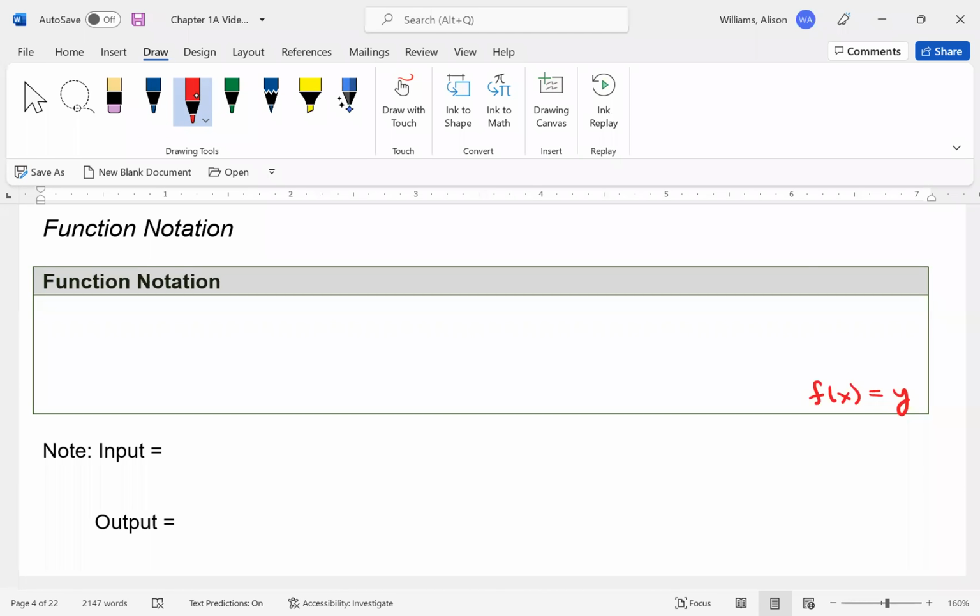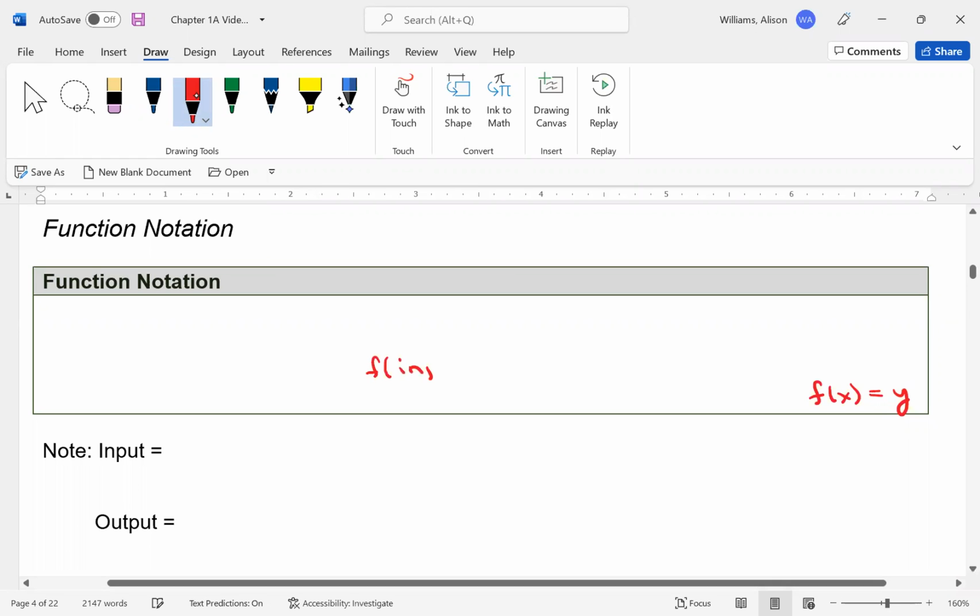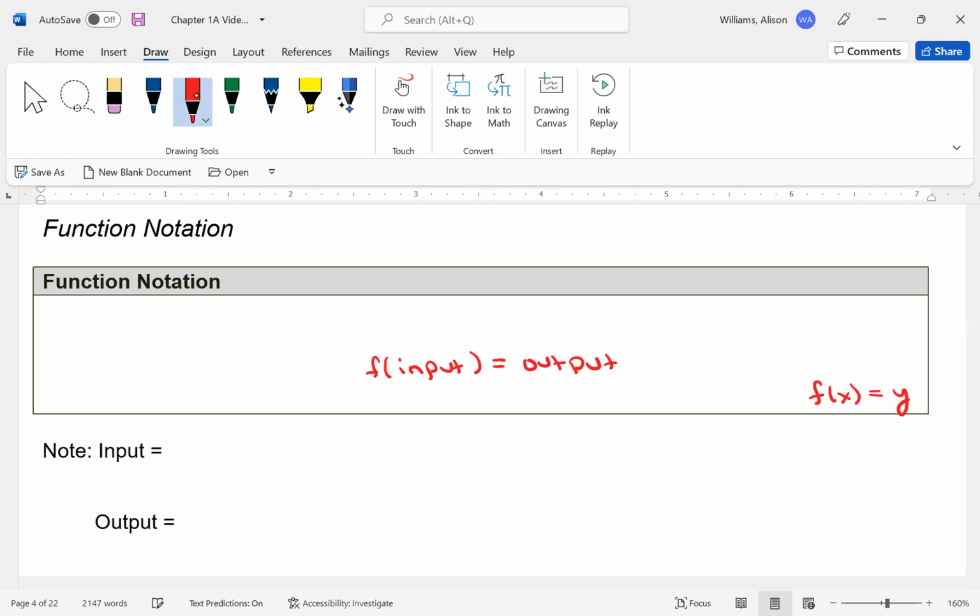But let's generalize it. Rather than using x and y, let's use input and output. So this would be f of input equals some output.